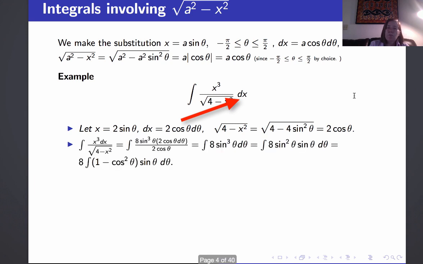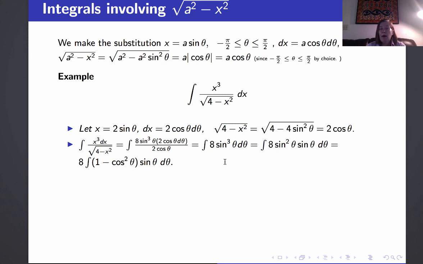So making all of these changes, we get that our integral is the integral of x cubed, which is 8 times sine cubed theta, times dx, which is 2 times cosine theta d theta, divided by the square root of 4 minus x squared, which is now much simpler. It's 2 times cosine theta. Now we can cancel the 2 times cosine theta, and we get 8 times the integral of sine cubed theta.